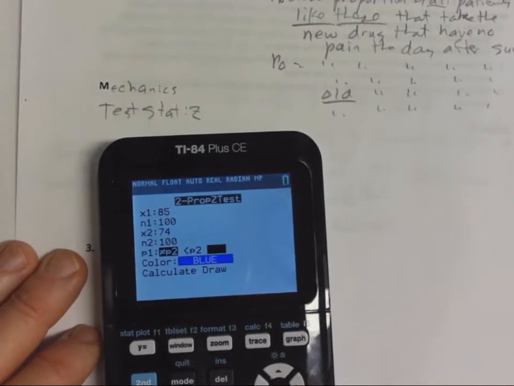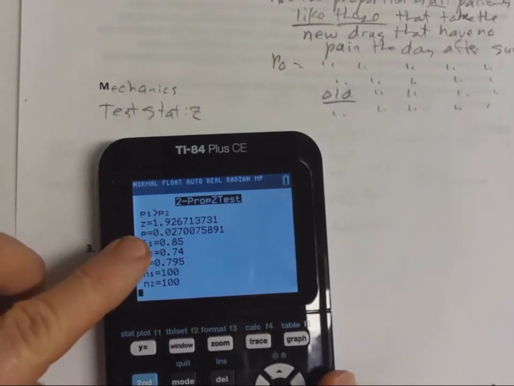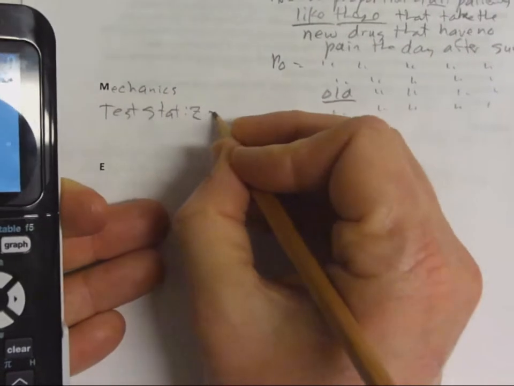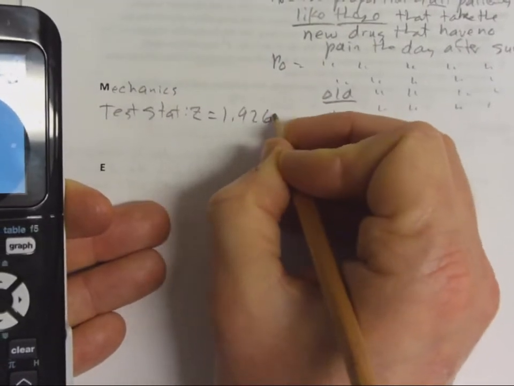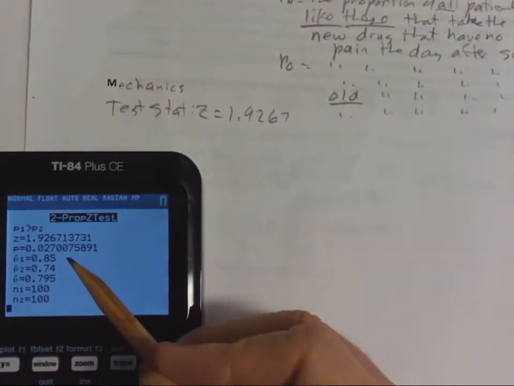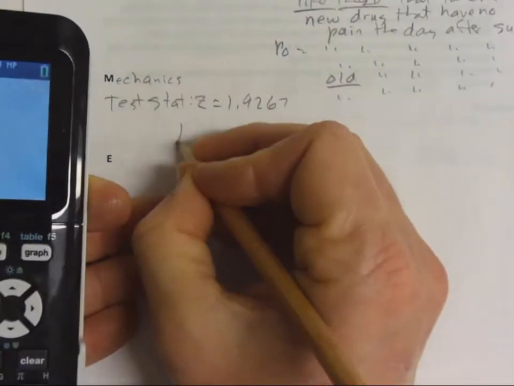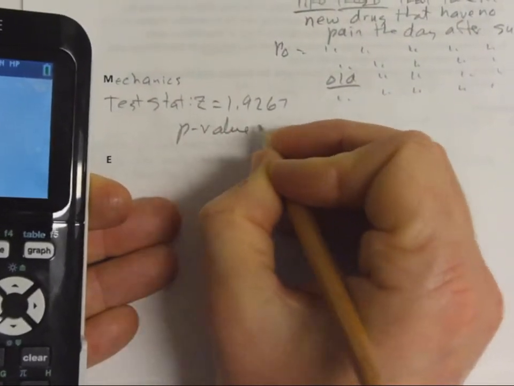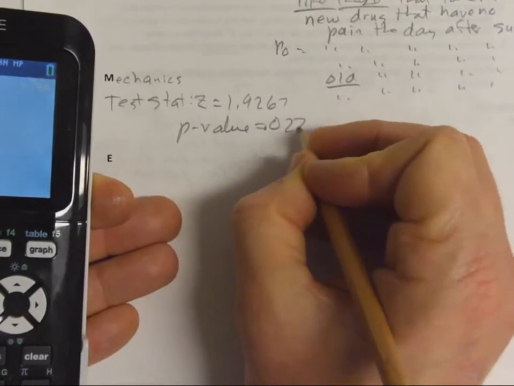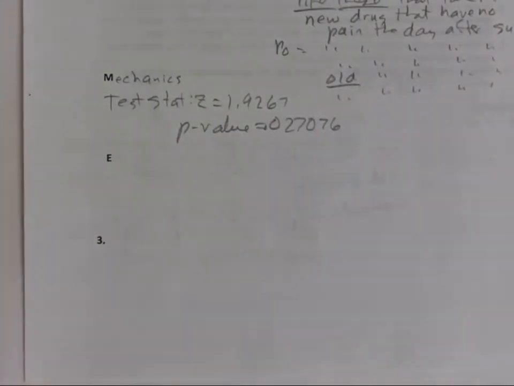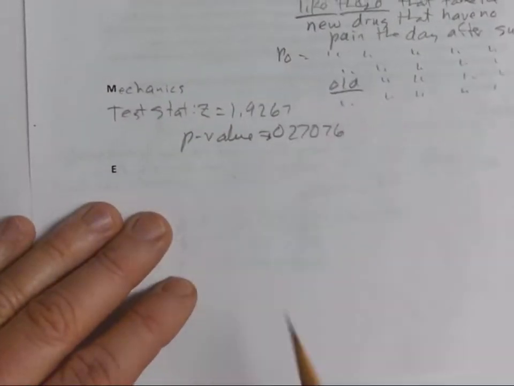Now we're going greater than, and we go calculate, and we get z equal to 1.9267. Notice the p-value is 0.027. So the p-value is equal to 0.027076 approximately. Okay? And so there you go.